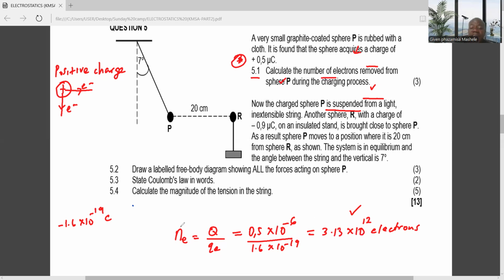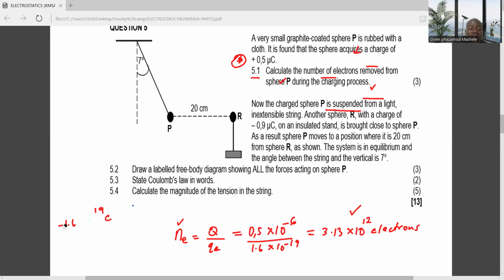Sometimes they can give you the number of electrons and want you to calculate the charge of the sphere, depending on the equation. Without wasting time, let's move on.